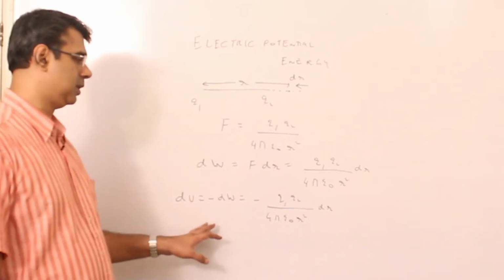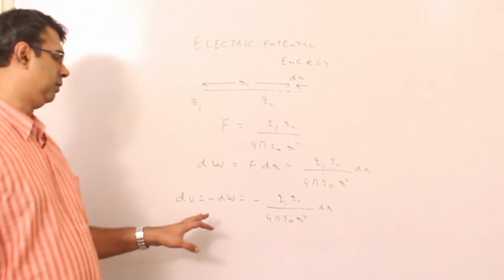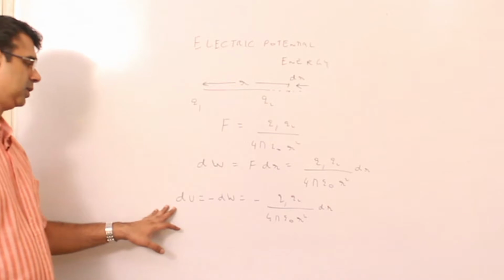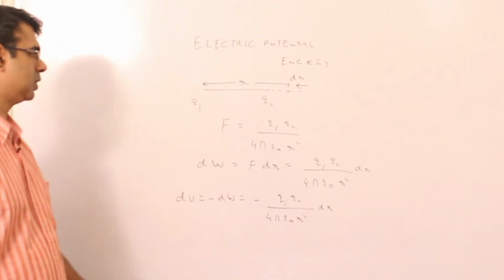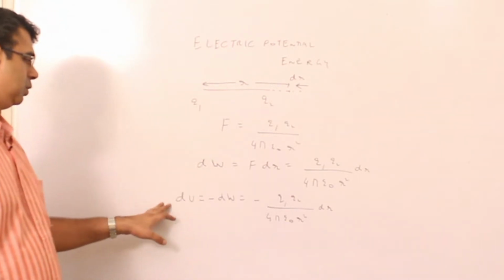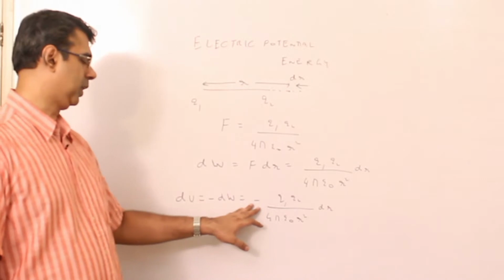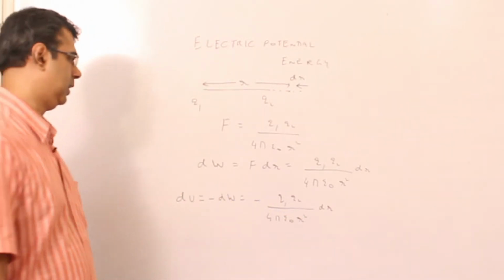If you remember, this result was a part of class 11 work energy chapter. We defined change in potential energy as negative of work done by a conservative internal force. As you know that electrostatic force is a conservative internal force, so dU is minus dW, that is minus of Q1 Q2 by 4 pi epsilon naught r square into dr.